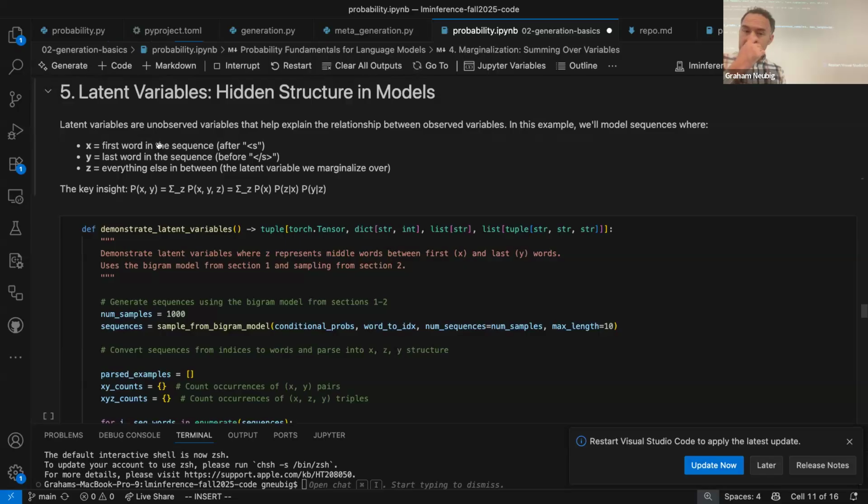And so the idea is, let's say we have a model that has no chain of thought or no reasoning whatsoever.